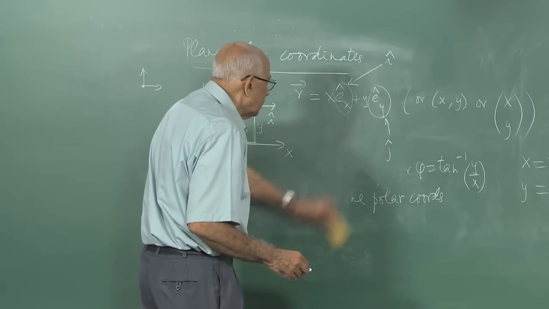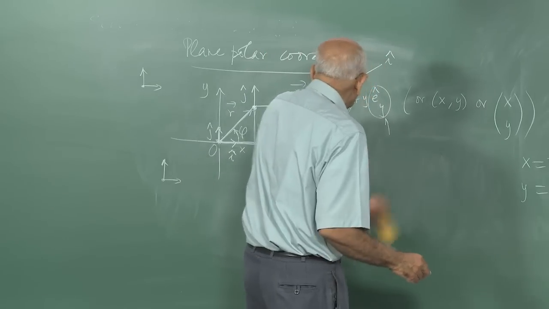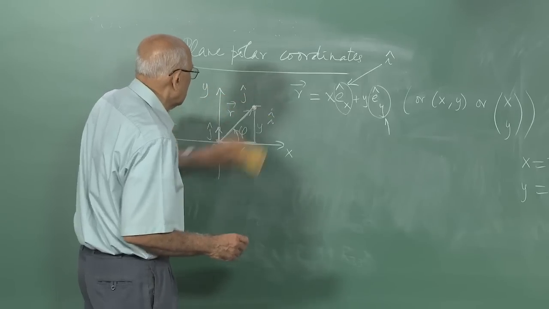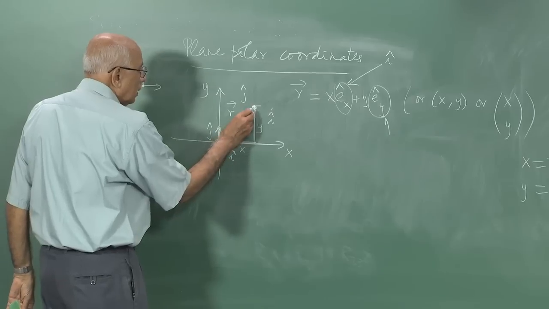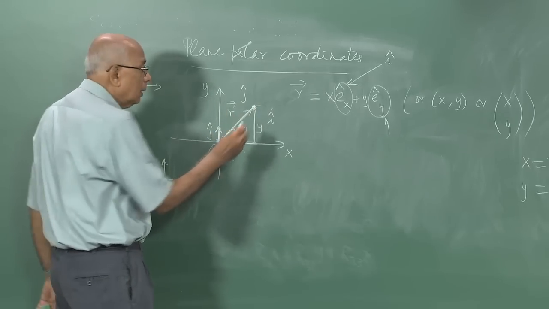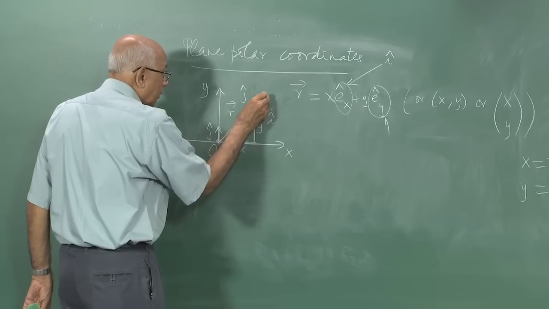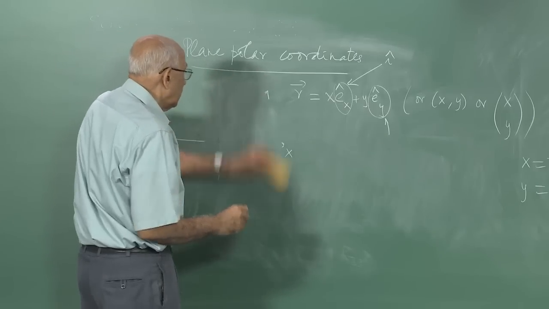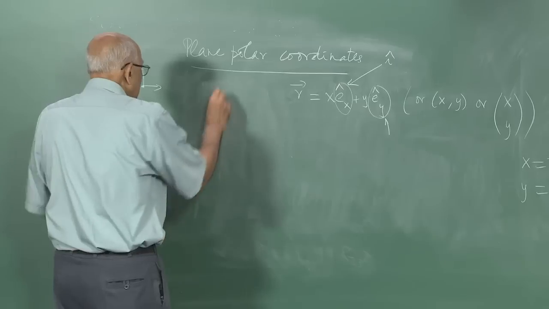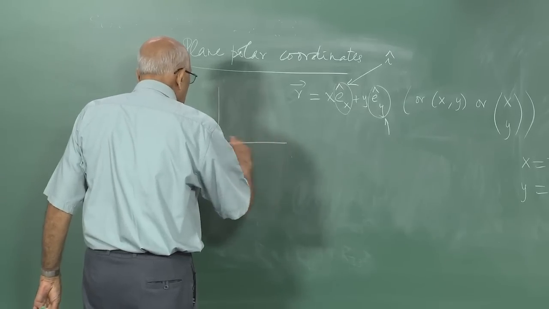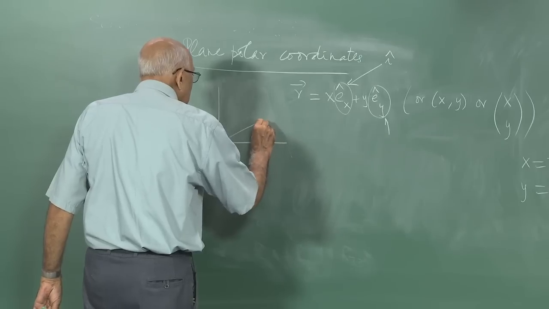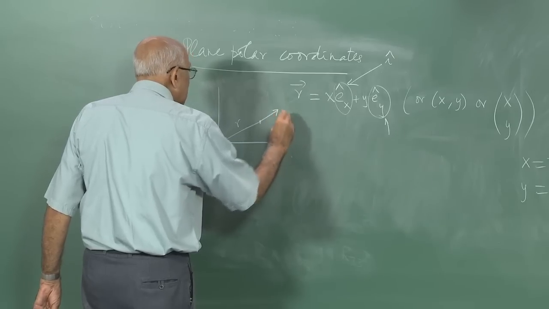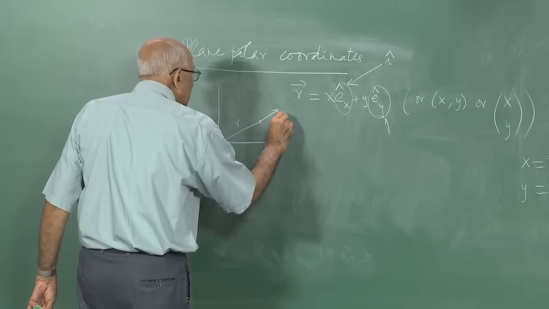What would you write for r in terms of a unit vector in the radial direction? Well, the magnitude here is little r without a vector symbol, and the direction of this position vector is this. So there is a unit vector here, and let me draw a neater figure. For an arbitrary point at distance r, there is a unit vector in this direction which I should call e subscript r.